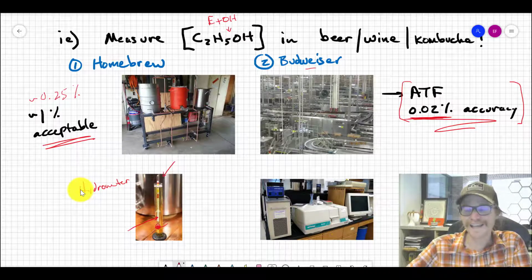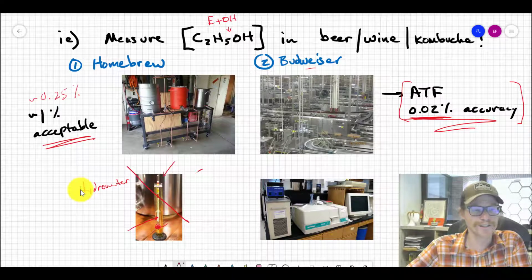So of course, their end use is going to constrain or inform the way they develop their method of analysis. Certainly they're not going to simply use a cheap hydrometer from Amazon. They've got to use something different. And so they actually developed their own method that uses UV-vis spectroscopy.